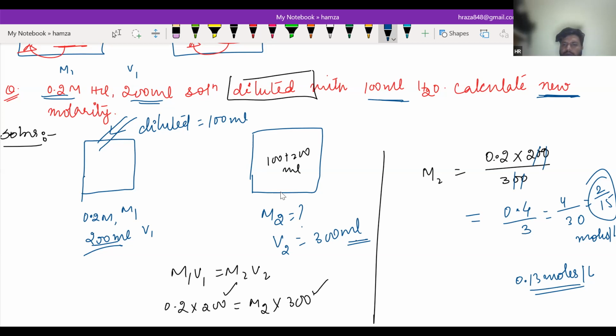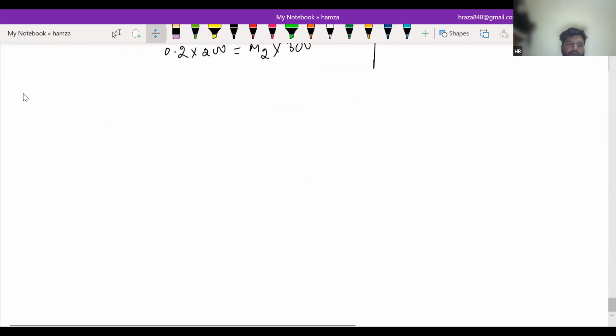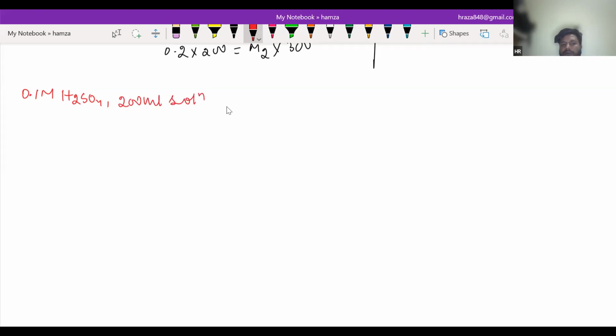Now I'm going to give you another question on this topic so that it will be more clear to you. 0.1 M H2SO4, 200 ml solution, diluted with 100 ml solution, 100 ml solvent.